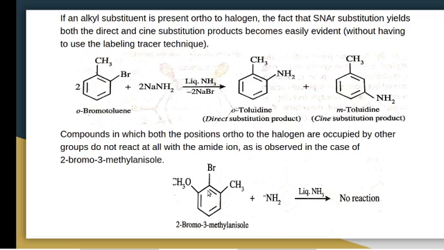That means the incoming nucleophile can attack on this carbon and also the adjacent carbon. But in the case of 2-bromo-3-methylanisole, the adjacent carbon atoms are already occupied by other groups. So there is no possibility for the formation of cine substitution product. It can only form direct substitution product. But if this compound follows the elimination addition mechanism, there would be the formation of cine substitution product.